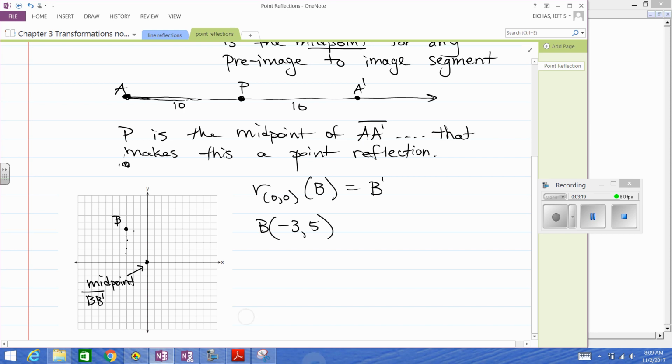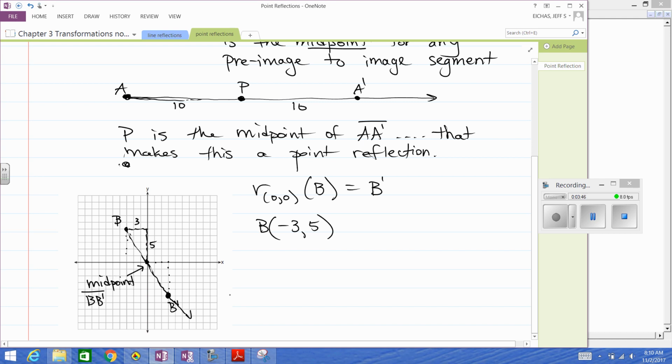So what would you do? Well, I usually go like this. We go right 3, down 5 to get to here. If we use that same right 3, down 5, that right there is going to have to be B prime. So that's the path B travels along, and it's going to end up stopping right there.